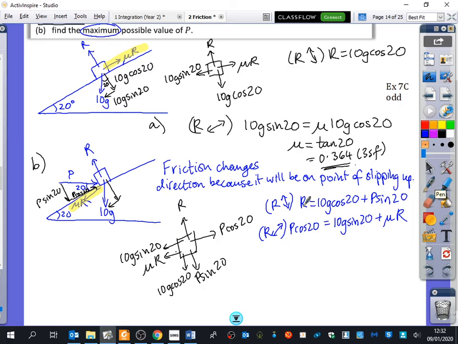So I can substitute R in here. P cos 20 equals 10G sine 20 plus mu, which is tan 20, multiplied by 10G cos 20 plus P sine 20. Sorry, I ran out of space on that line. I'll write it like this instead. And then that's just an equation.